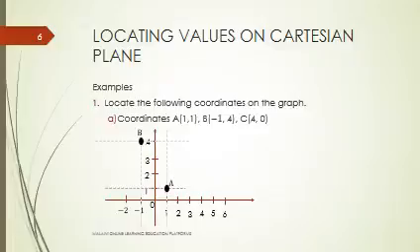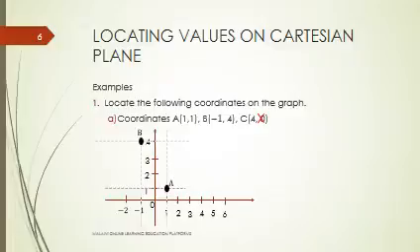Then let us go to C. C is a little bit different because we have 0 in our coordinates. For that one, we disregard 0. We don't consider 0. So we are just going to locate exactly where 4 is. That 4 is for the x-axis.